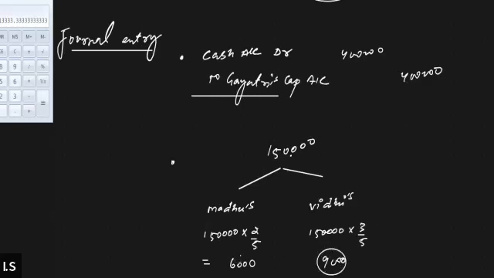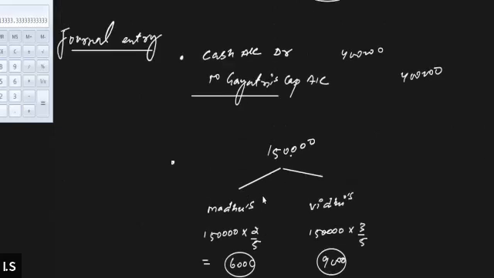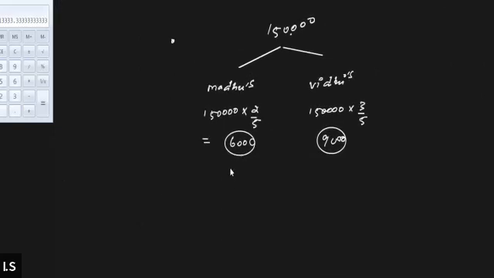Right, everyone, is this clear? Yes or no? The calculation of the distribution of goodwill between Madhu and Vidhi is clear? Yes, sir. Okay, so that means Madhu is going to get 60,000 in cash, and Vidhi is also going to get cash of rupees 90,000.